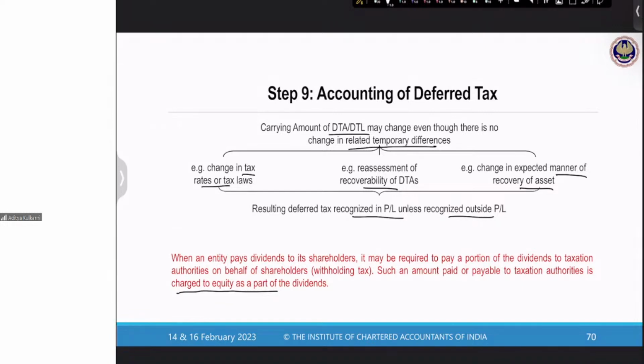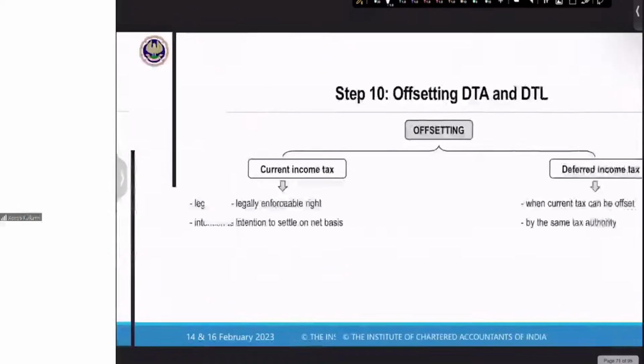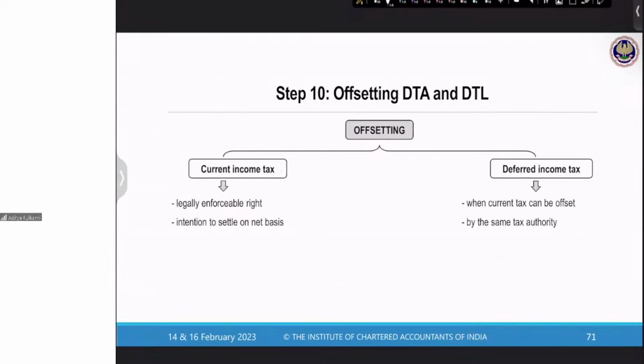Okay. So this is about accounting. Can you offset if there is a legally enforceable right and an intention to settle on a net basis? You can do the offsetting of DTA and DTL, and of current tax assets and current tax liabilities. So basically this is nothing but provision for tax versus TDS, TCS, advance tax.